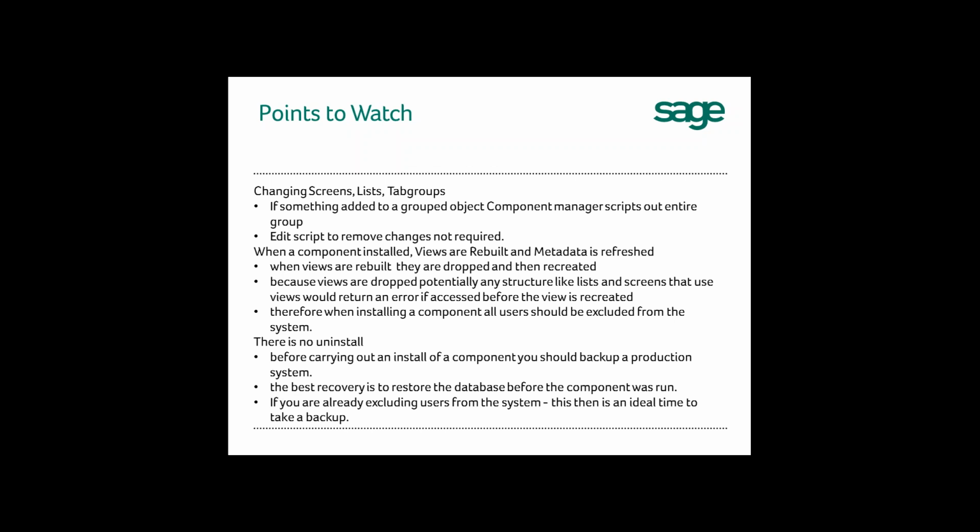So if you alter a structure like a tab group or a list or a screen, then all of the fields inside that also get changed, and they'd also be moved into that component. So you just have to be very aware that in changing a tab or a screen, you change all of the individual child records as well, because of course they have a relationship with each other, like their order in those as well.